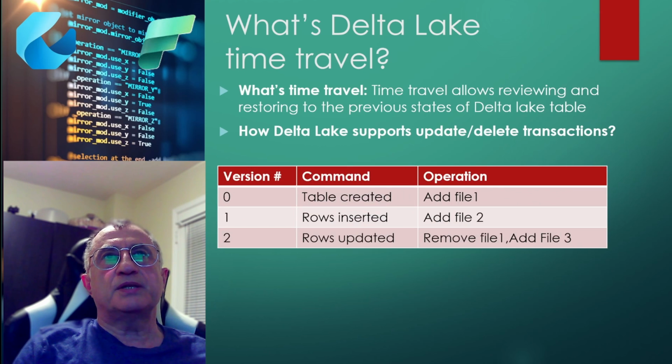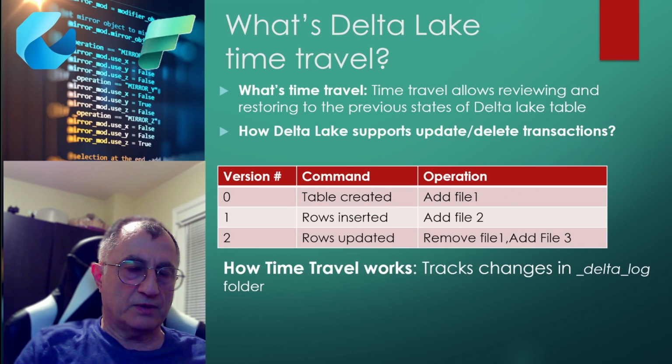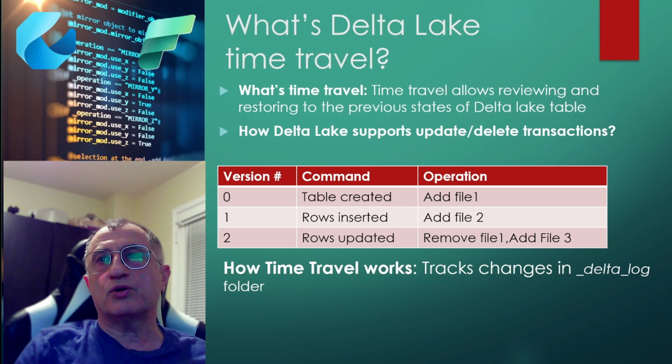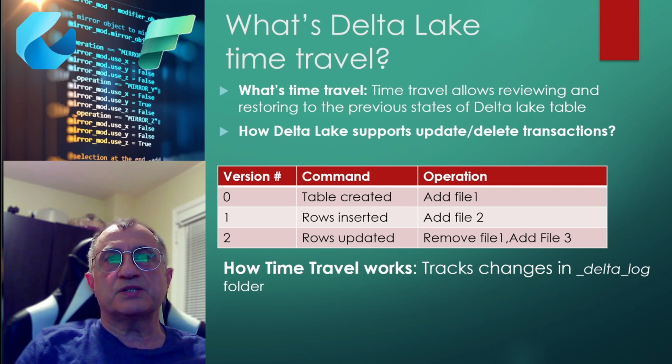And Delta Lake technology uses similar techniques. It creates a transaction log folder called _delta_log, and within this transaction log, it tracks the history of changes to your files. I have provided a sample where you can see that, for example, when a table is created, it will add a log entry about adding a file.